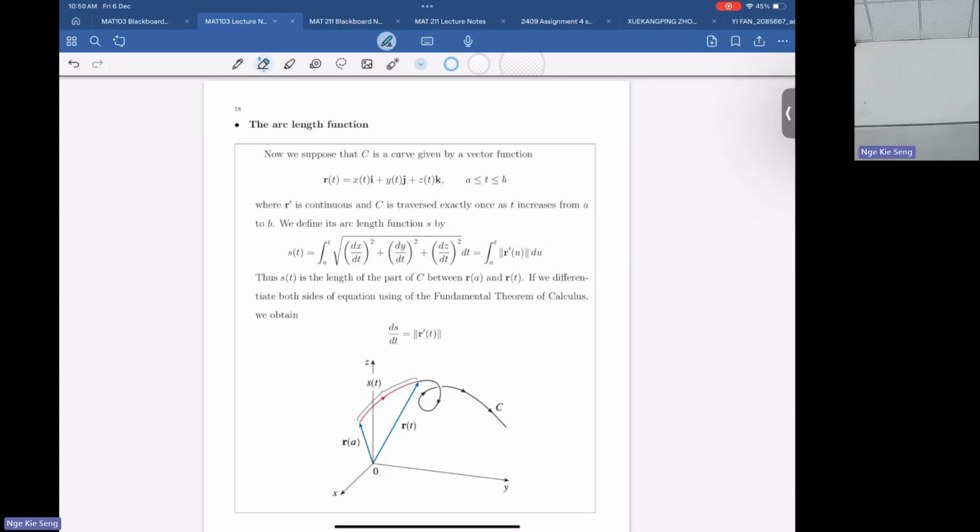So what's the use of arc length reparametrization? I'll tell you what it is first, and then I'll tell you what to do with it. Last time I told you, if you are given a curve in R3 or R2, you can have different parameterizations. Different parameterizations may correspond to the speed.